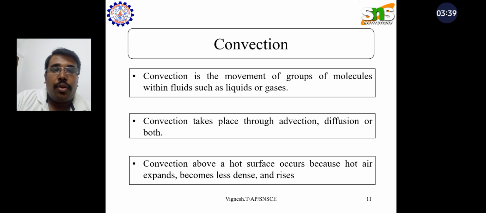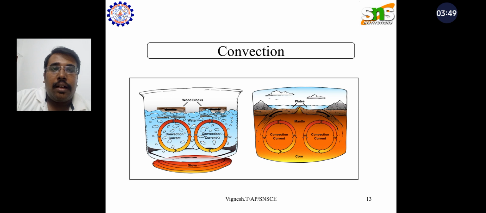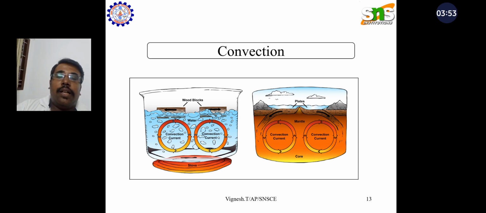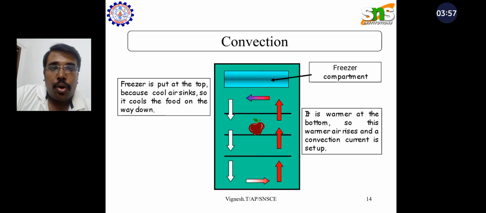Convection above a hot surface occurs because hot air expands, becomes less dense, and rises. The convection current actually happens in a refrigerator, where the freezer box is at the top. Why?